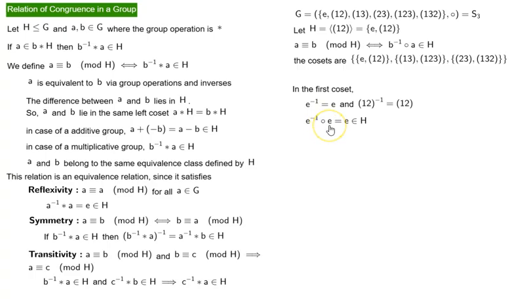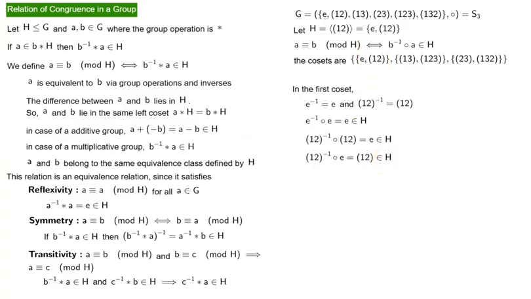Now e inverse times e is equal to e, which is in the subgroup H. (1 2) inverse times (1 2) is equal to e, that is in H, and (1 2) inverse times e is equal to (1 2). Now, how did we arrive at this? Because the inverse of (1 2) is (1 2). So even if we multiply it with the identity, it would actually be the inverse of (1 2), but since it is equal to (1 2), we write it as permutation (1 2) being in H.